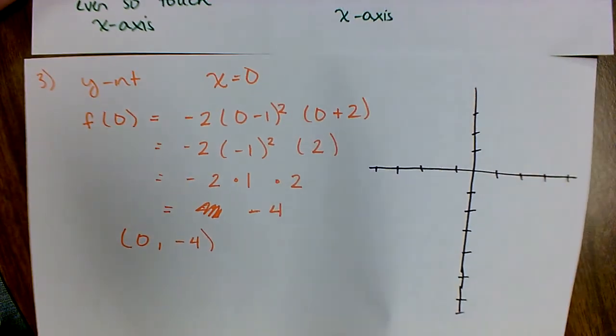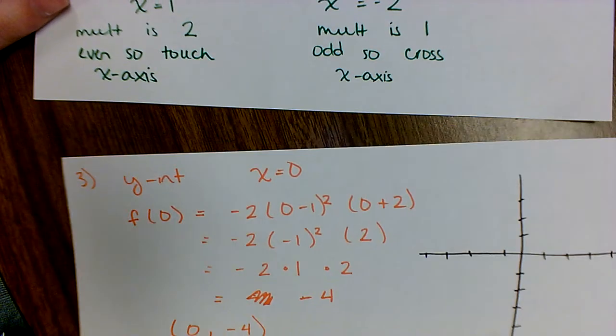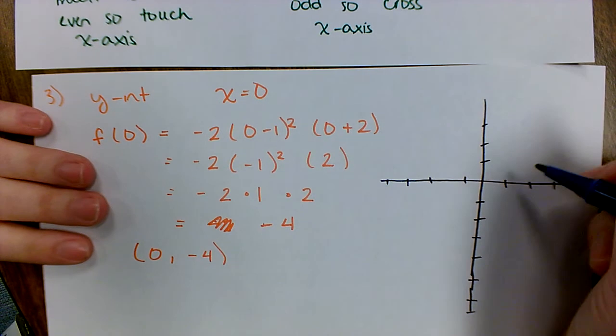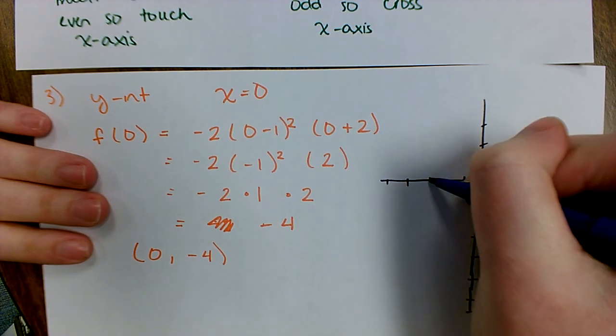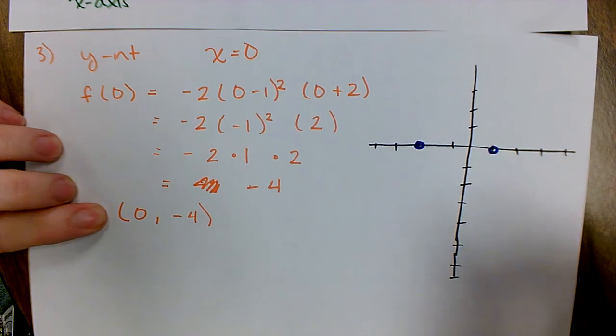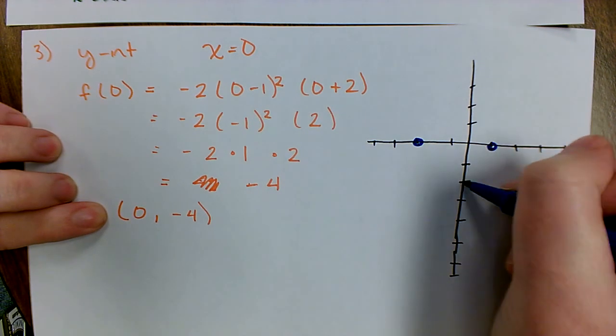The points we have are our x-intercepts, which are 1 and negative 2. So (1, 0) and (-2, 0). And then we have our y-intercept down here, which is (0, -4).